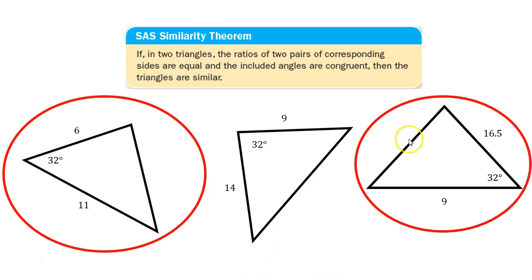These two triangles have to be similar because the two pairs of corresponding sides are proportional. In other words, 6 over 11 is the same as 9 over 16.5. And the included angles formed by those two sides are congruent. It's 32 and 32. So that's the side-angle-side similarity theorem for triangles.